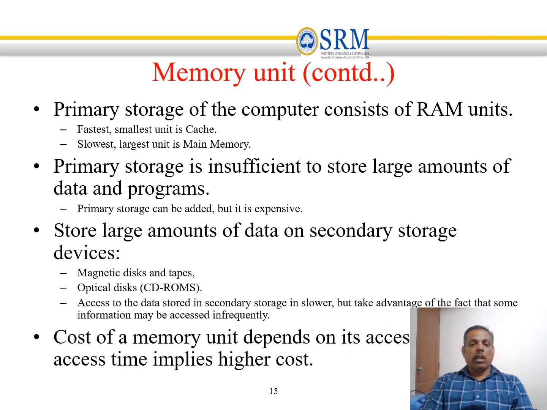That is why we use the other level of the memory hierarchy called secondary memory. Since RAM is expensive, we use secondary memories like magnetic disk, tapes, optical disk and other tape drives.